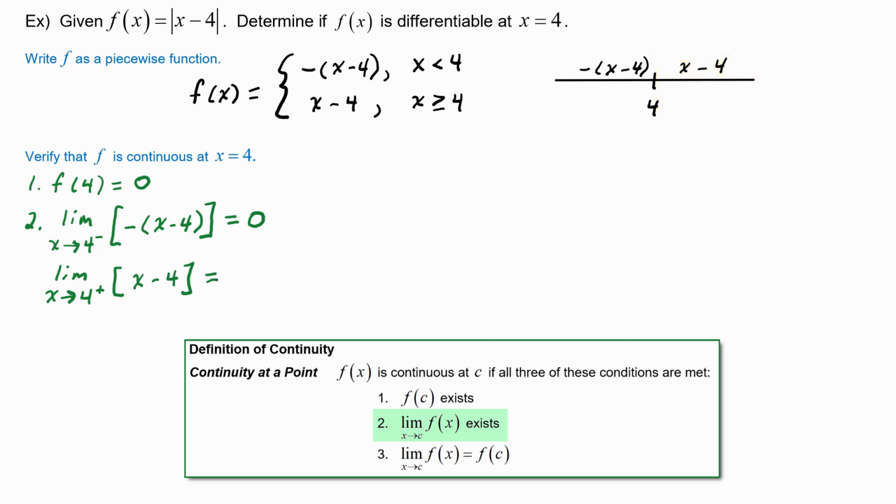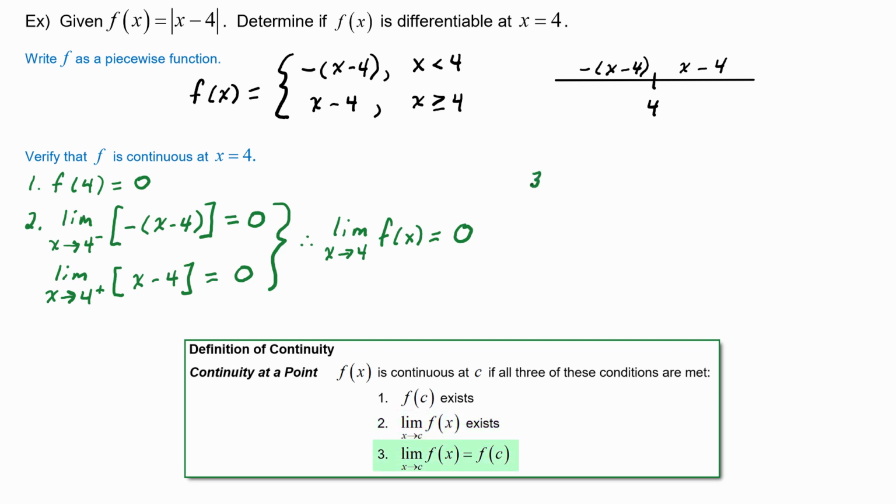We can do a direct substitution, and that also equals 0. Now, because the limit from the left is equal to the limit from the right, the two-sided limit as x approaches 4 of f of x is equal to 0. So then it exists.